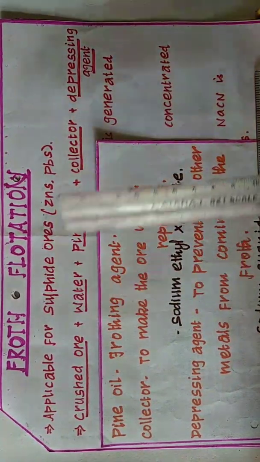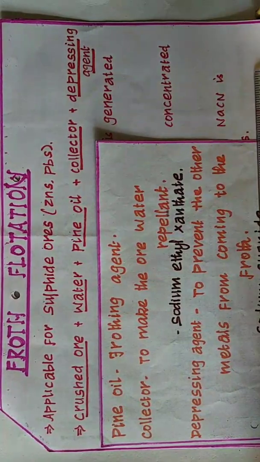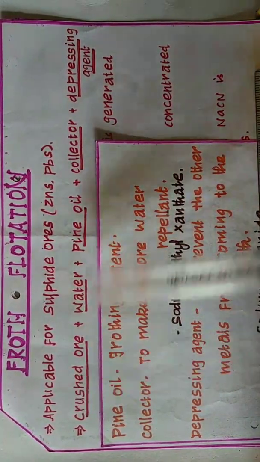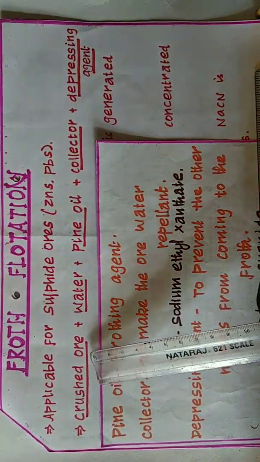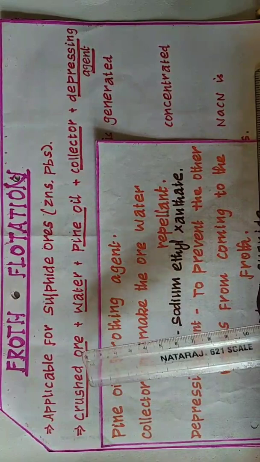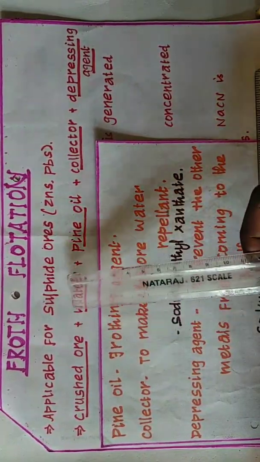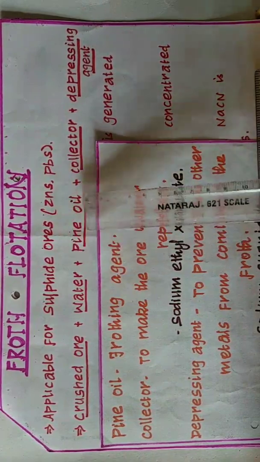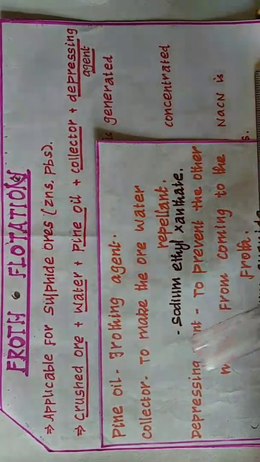So water plus pine oil plus collector plus depressing agent. These are the components needed for the froth flotation process. What are they? The crushed form of the ore, that is finely powdered ore, plus water. Water is added for removing impurities. Then pine oil is added to generate the froth of the metal which we are extracting.